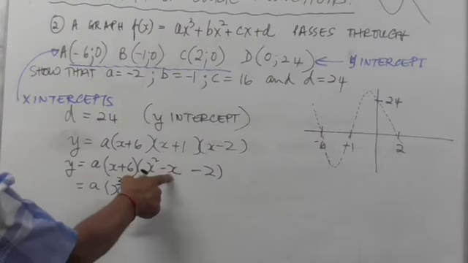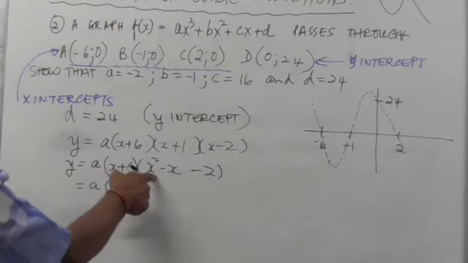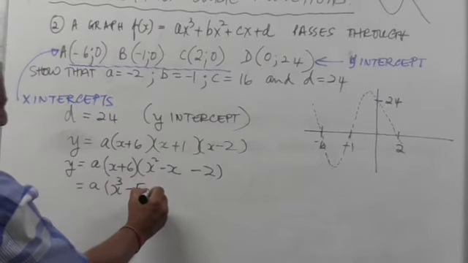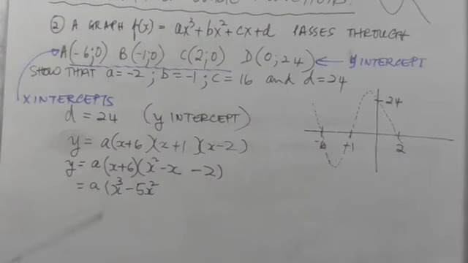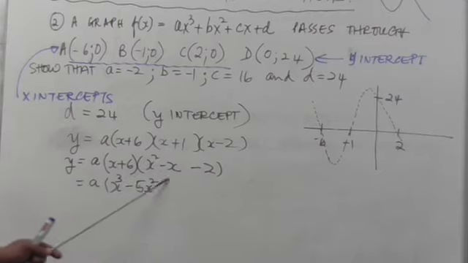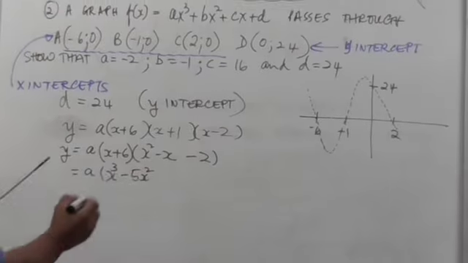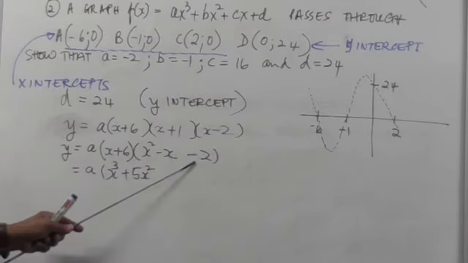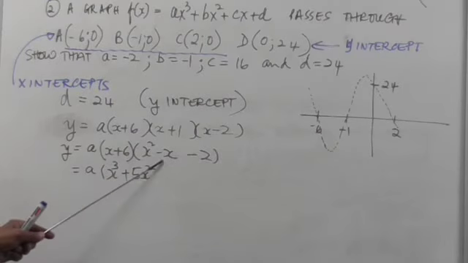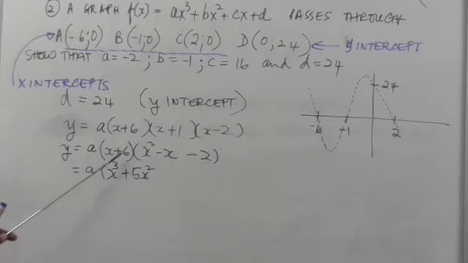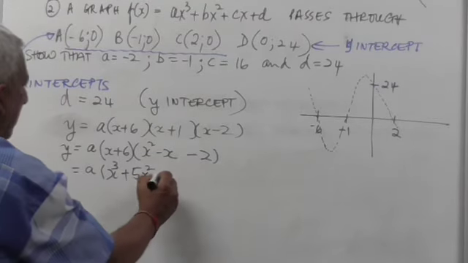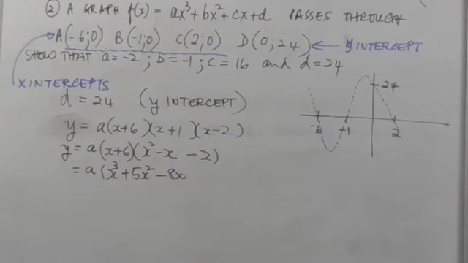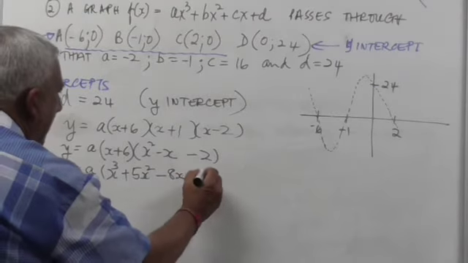X times minus x gives minus x squared, plus 6x squared gives 5x squared. Then you want the x's. X times minus 2 gives minus 2x, minus 2x minus 6x gives minus 8x. And then finally that times that gives minus 12.